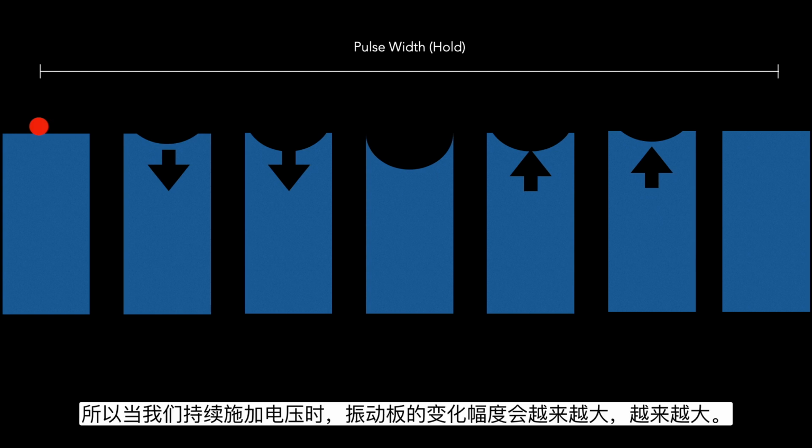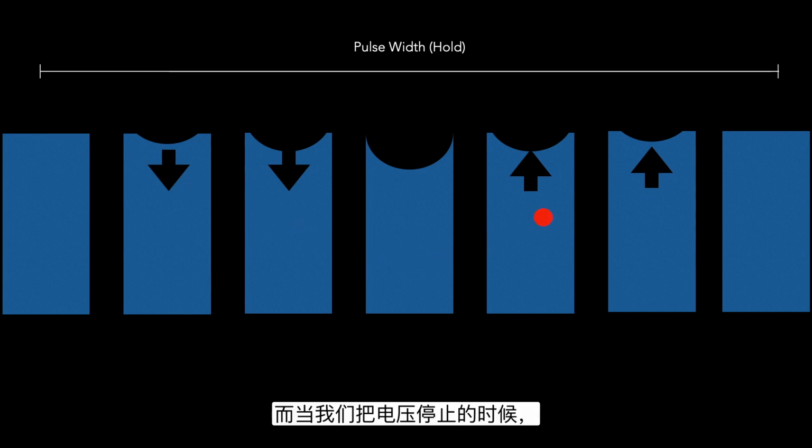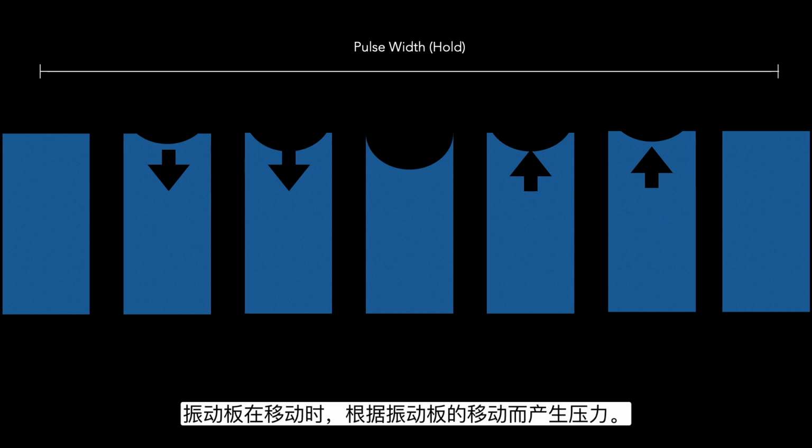So as we're applying voltage, the wall moves more and more and more. And then when we back that voltage off, the wall goes back to the way it was originally, its idle state. This is what's happening with that waveform pulse. And the duration of that this occurs over is our pulse width. So the wall is moving and it creates a pressure based on the movement of that wall.